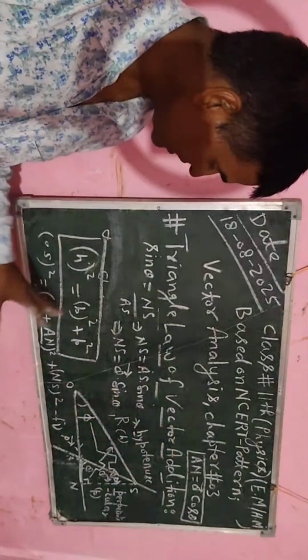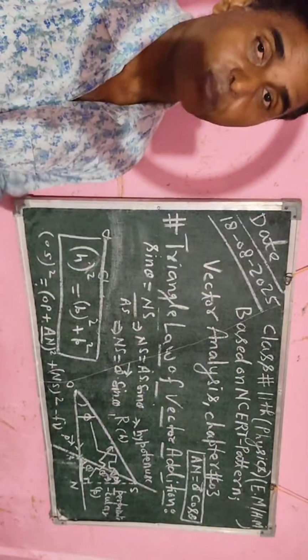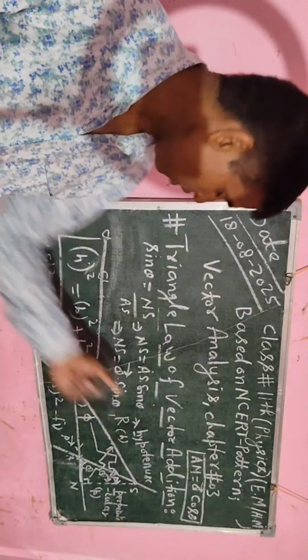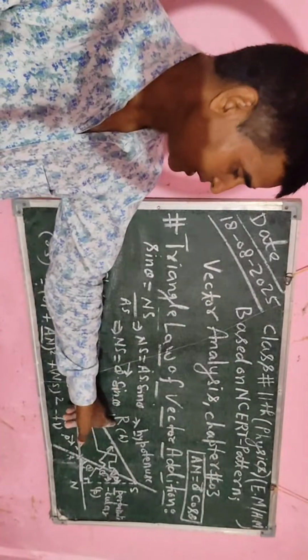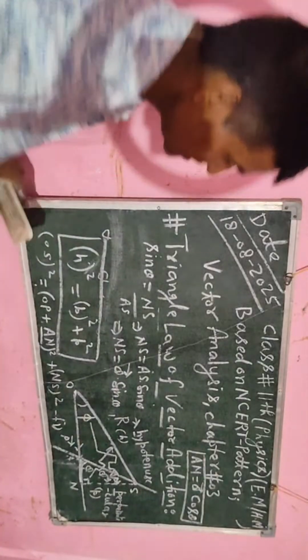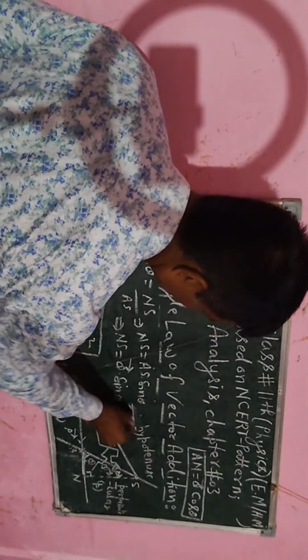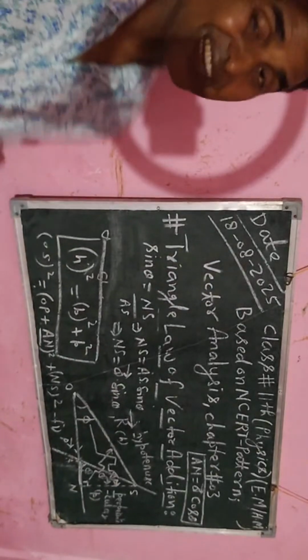After putting them I will get an equation, which will be equation 2, and after simplifying I will get the value of R. In the place of OS I can also write vector R. This is the vector R. Okay, so I will get the resultant vector.